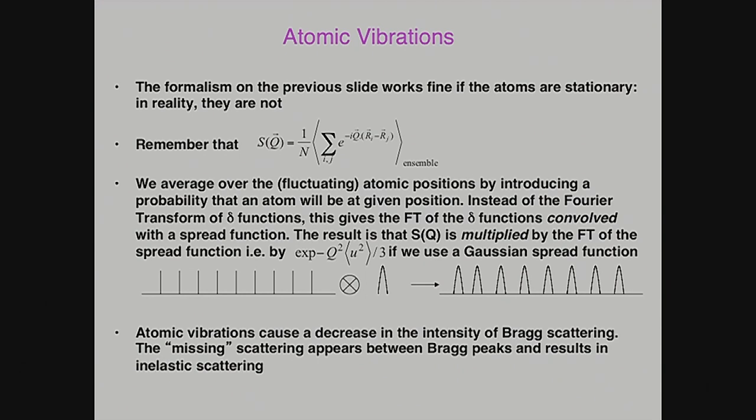So we're just going to sum this phase factor over all the interatomic separations. Let's do it in one dimension. If the atoms weren't moving, then all I would have is delta functions with a scattering length b at each atomic position, and I'm Fourier transforming that. That's what this means.